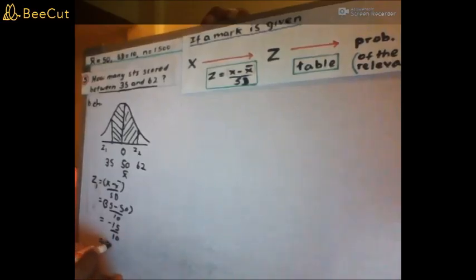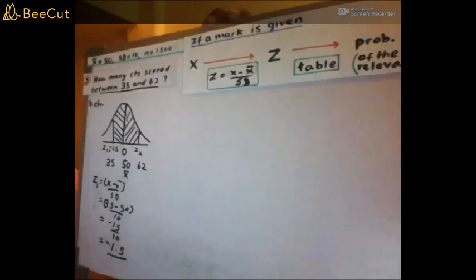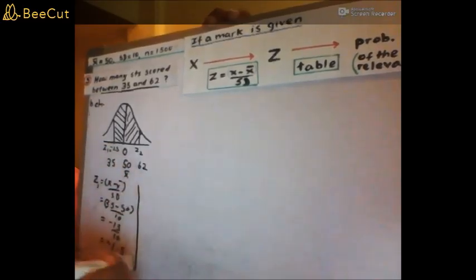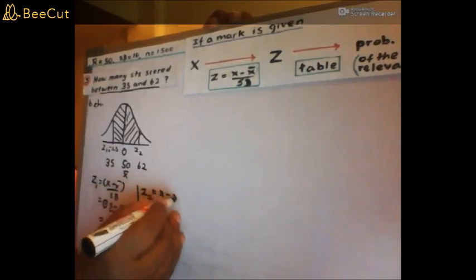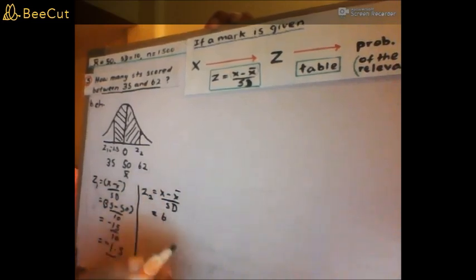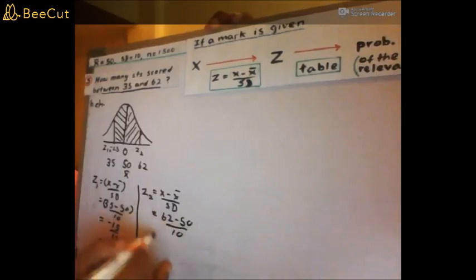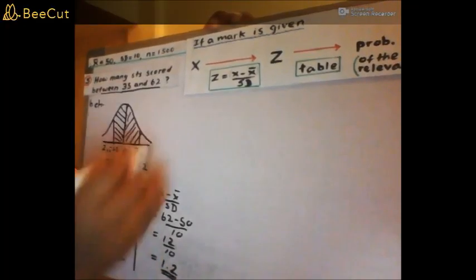So it's a minus value, minus 1.5. Put it here, minus 1.5. Next one is Z2. Z2 equals 62 minus 50, that is 12 divided by 10, 1.2. So Z2 is 1.2.